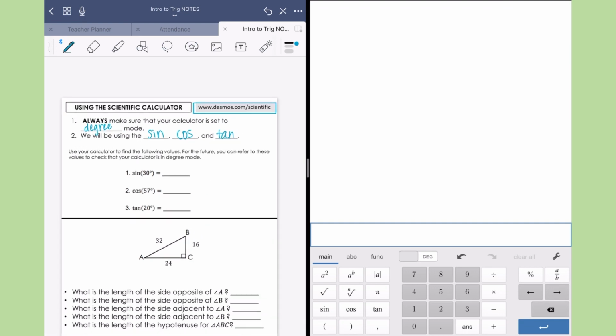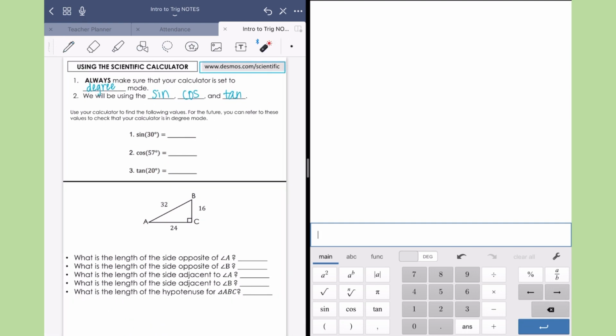It says, use your calculator to find the following values. For the future, you can refer to these to make sure that your calculator is in degree mode. Okay, so we're going to type in sine of 30 degrees. So sine of 30. Close it. 0.5. Okay. Now let's do the next one.